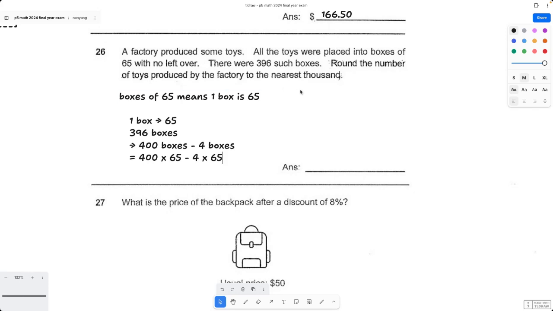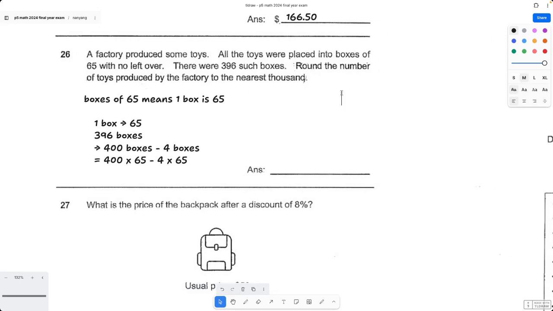So in this case, we can do two workings. Since they are roughly the same, 65 times 4. 5 times 4 is 20, and then we put 2 here, and then 6 times 4 is 24, 260.